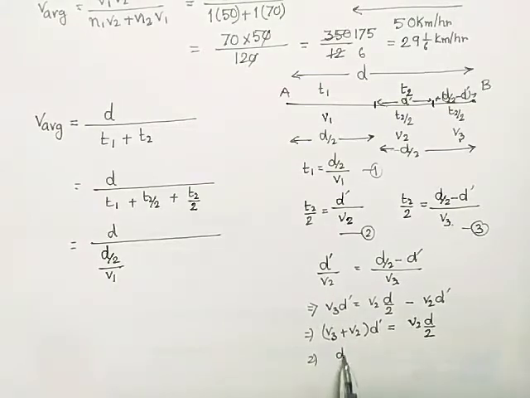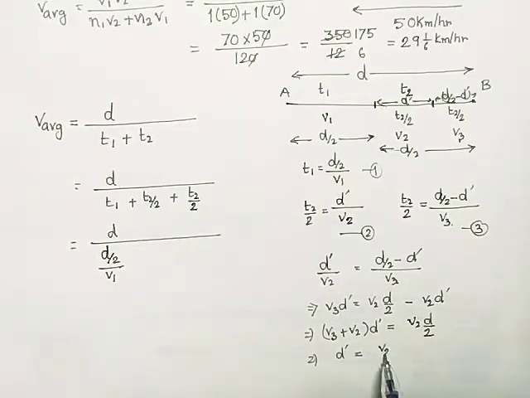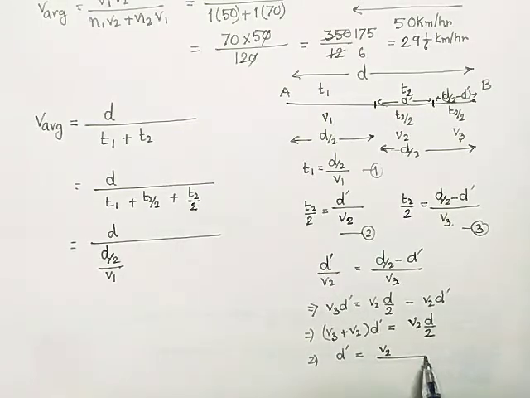So if I say what is d prime, d prime will be v2 divided by 2 into v2 plus v3, into d. So this is the thing.